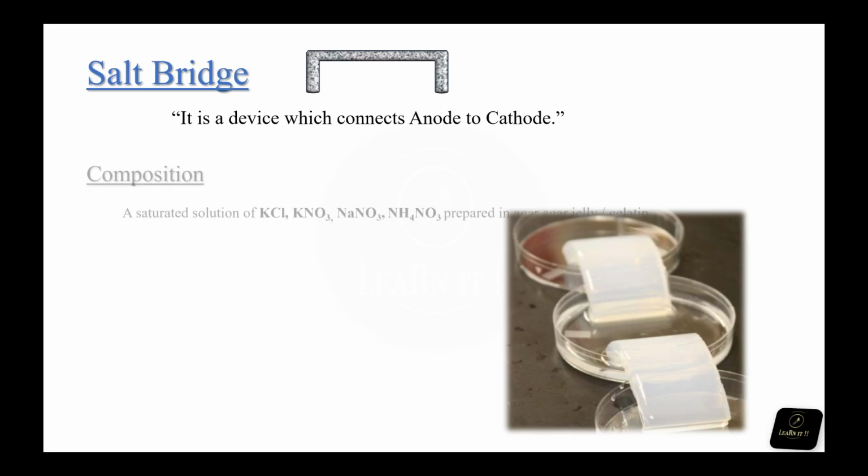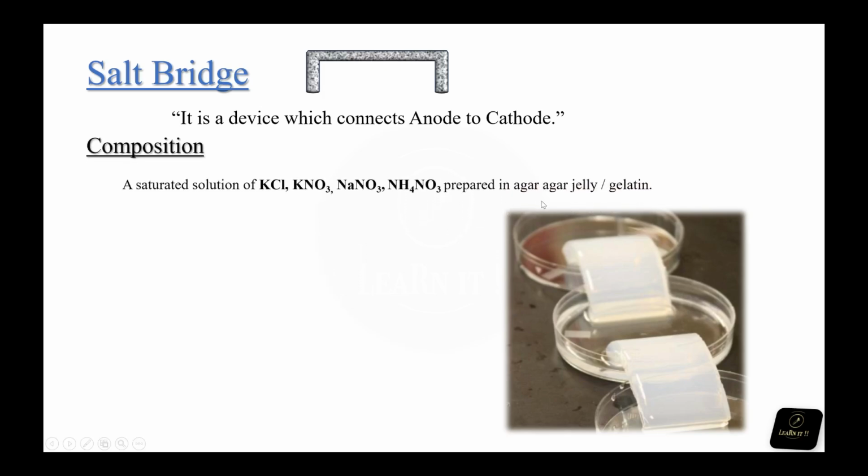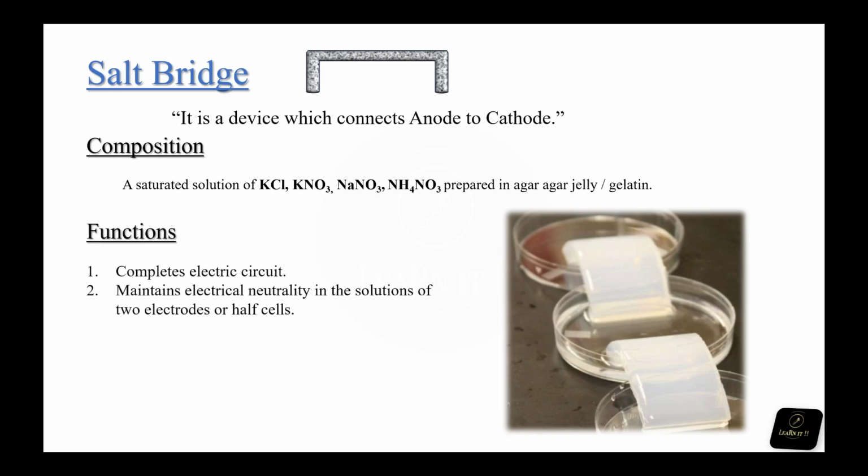The salt bridge contains a saturated solution of potassium chloride or potassium nitrate or sodium nitrate or ammonium nitrate, any one of them, prepared in agar-agar jelly or gelatin. The functions of the salt bridge are: first, it completes the electric circuit.